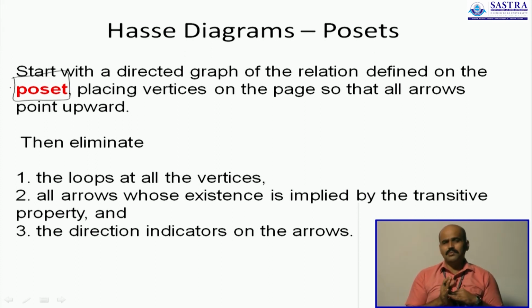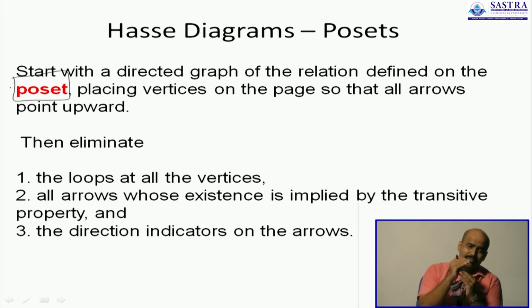We cannot represent any arbitrary set under a relation. This is possible only when A comma R, the non-empty set A on which R is defined, together form a poset. So whenever you have a poset before us, you can always represent it using a Hasse diagram.